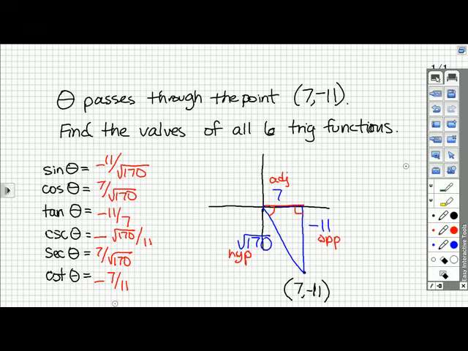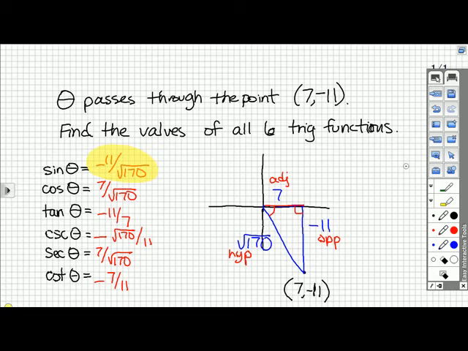Okay, now the one thing I wanted to talk about, because this will probably help if you're looking at answers in the back of the book: they probably wouldn't leave an answer like this. Not because it's wrong, but because they tend to not leave radicals in the denominator.